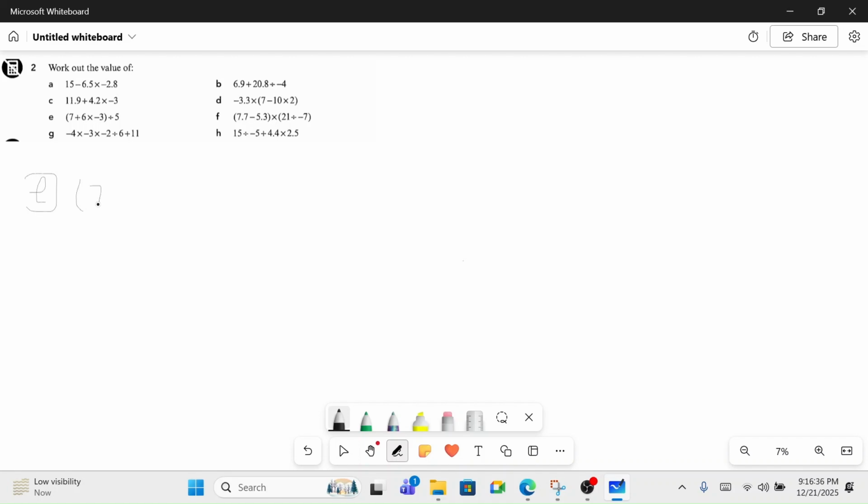So 7 plus 6 times minus 3 divided by 5. Now there was a rule on how to solve these sorts of problems.